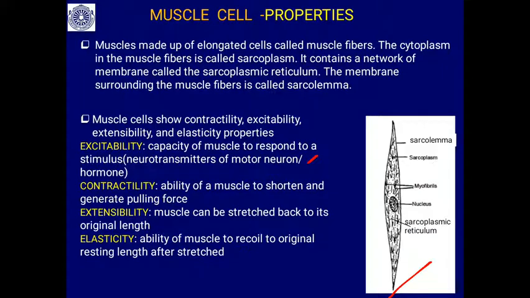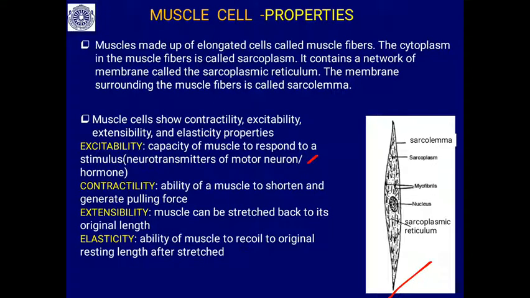So contractility is the ability of the muscle to shorten and generate pulling force. In response to a stimulus, from the neurotransmitter or the hormone, muscle contracts. Contraction means it shortens, so by shortening it pulls the bone, the pulling force. Then extensibility: muscle can be stretched back to its original length.